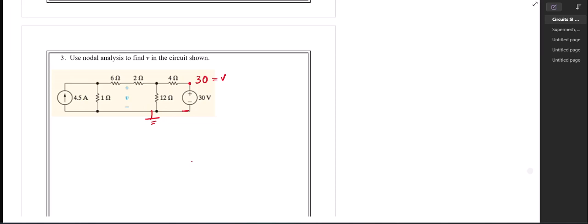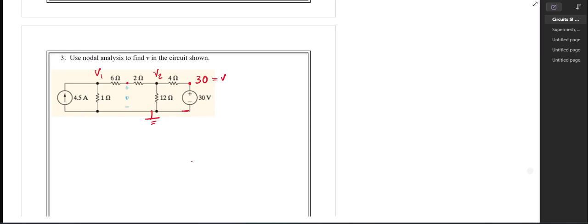I'm going to call this one V1 and this one V2. And I'm not going to do this one as a separate node just yet. I could, but that would make my life a little harder. So I'm going to come back and find this voltage difference after I solve the rest of the circuit.